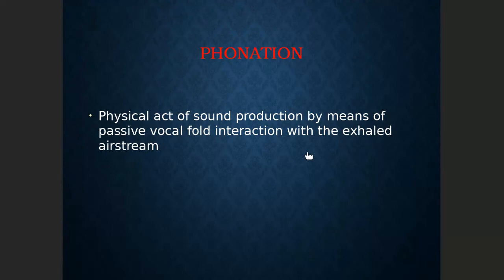That sound is amplified by our nose, mouth, pharynx, and also the chest. So when the air comes from below, it interacts with the vocal cord, producing sound through vibration, and amplification by the pharynx, mouth, and nose leads to speech and sound. In a simple way, okay?